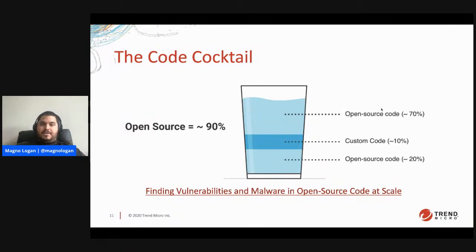There are many studies in the open source security space on how much of my code is open source, and some show that between 70 and 90% of your code is made of open source, from libraries, frameworks, and everything. So 10 to 30% is the custom code that your developers write.